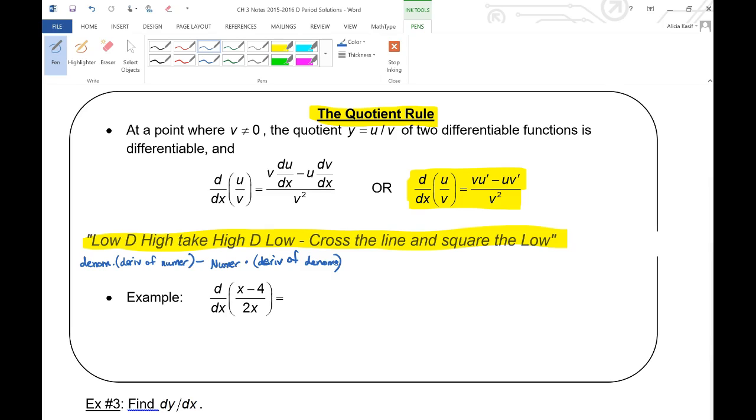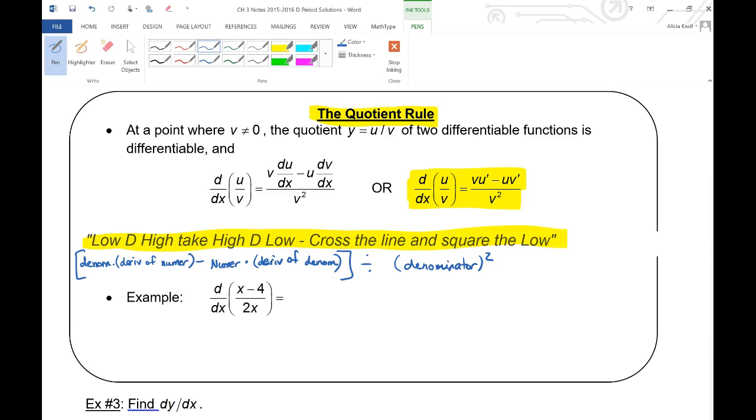Then it's cross the line, so that's taking all of this and dividing by, square the low, so the denominator squared. So take the bottom part and square.